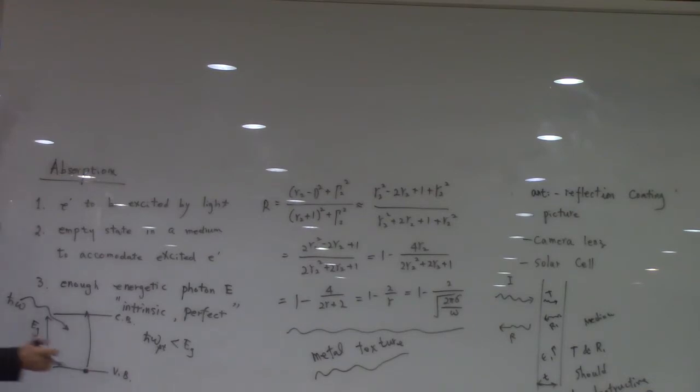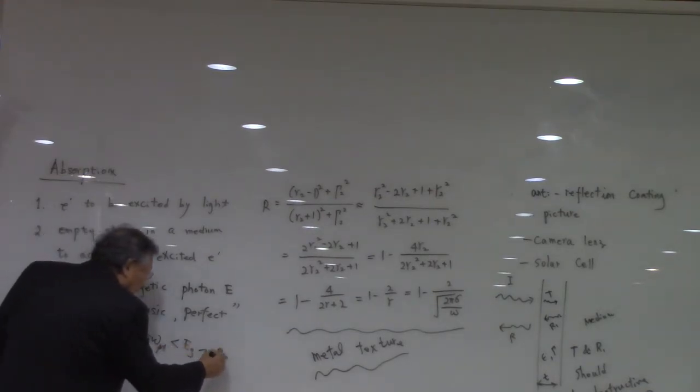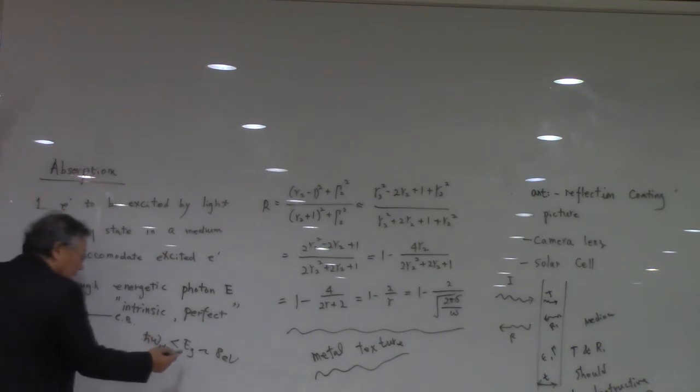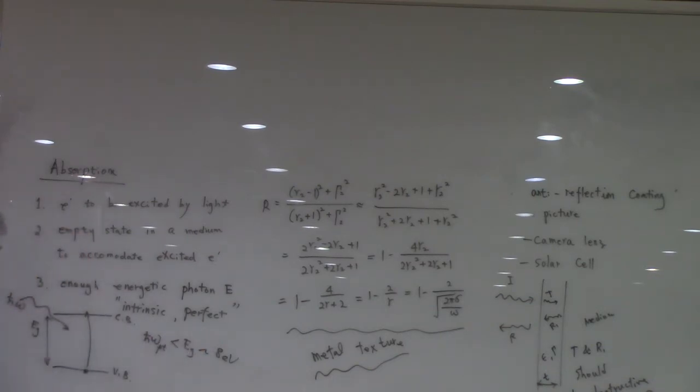For example, the glass, the band gap is about 8 electron volts, and then the ordinary light cannot excite the electrons. The energy of the light is less than 8 electron volts, obviously, so that every light is going to be transmitted in the material. That is the glass, right? And in semiconductor materials, typically, the electrons in the valence band can be excited with light energies of about 2 electron volts.